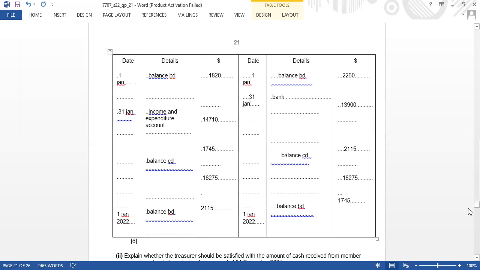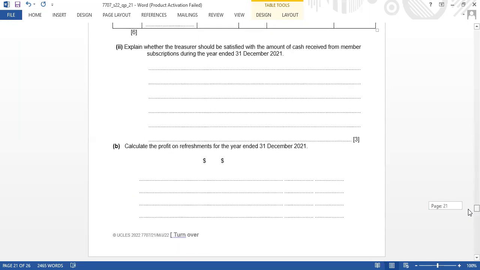Okay. Moving towards second part. Explain whether the treasurer should be satisfied with the amount of cash received from member subscription during the year ended 31st December 2021. The amount received was less this year.